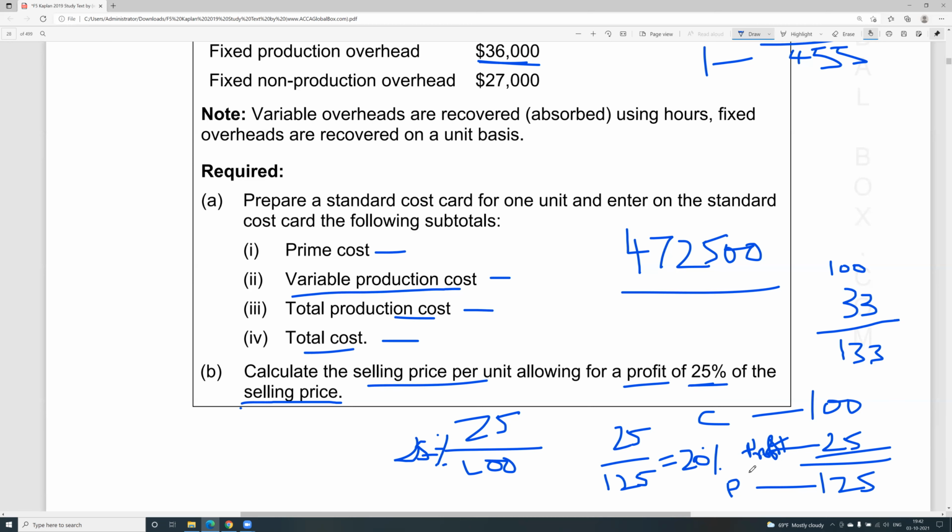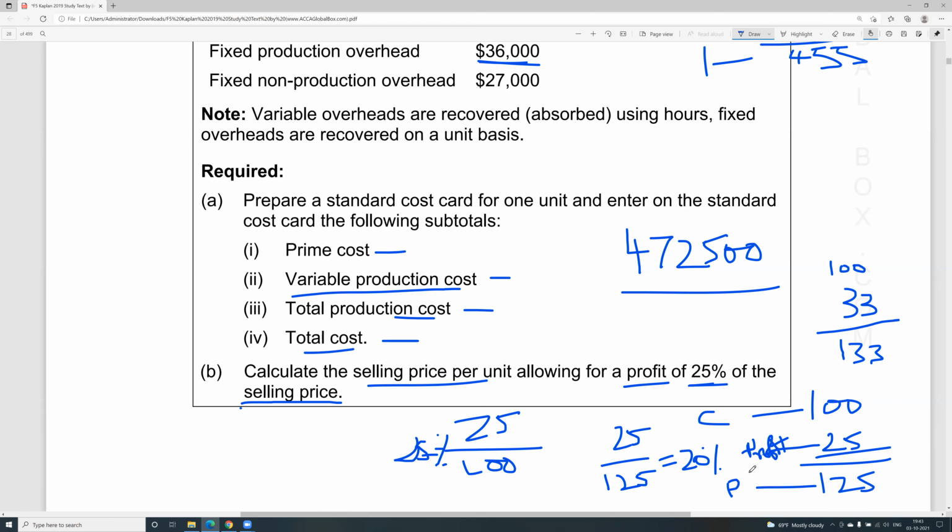Why? It's because the profit on sale value is always less, and the profit on cost is more, so that you get the right value. Understand the logic behind it.